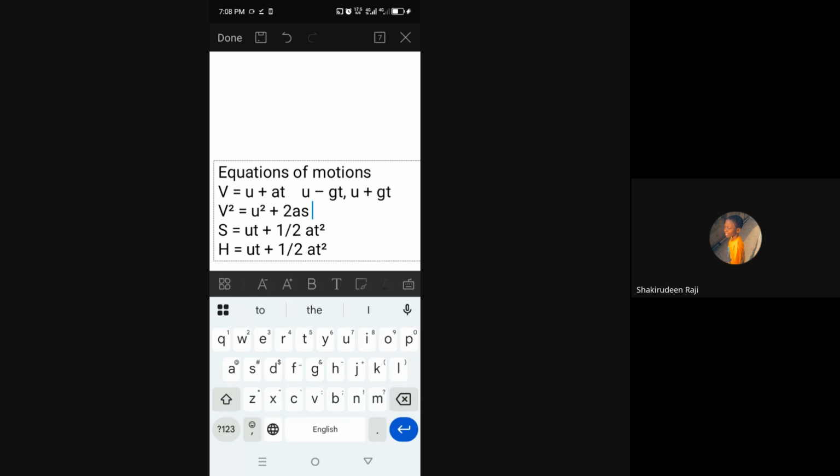First of all, is this motion on the ground or a vertical motion? If it's a vertical motion, is it going upward or downward? Are you following me? Yes. So I can write this formula now as U square plus 2GS, if it is a vertical motion.